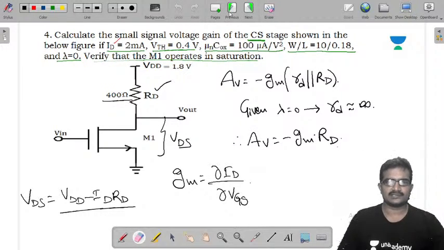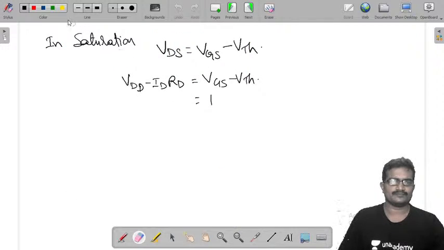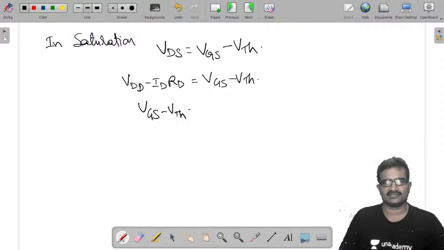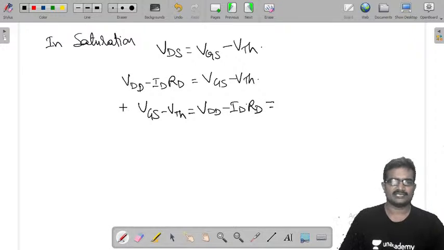Now I am going to substitute the values. VGS minus VTH, also written as VDD minus ID RD, this is nothing but your VDS.